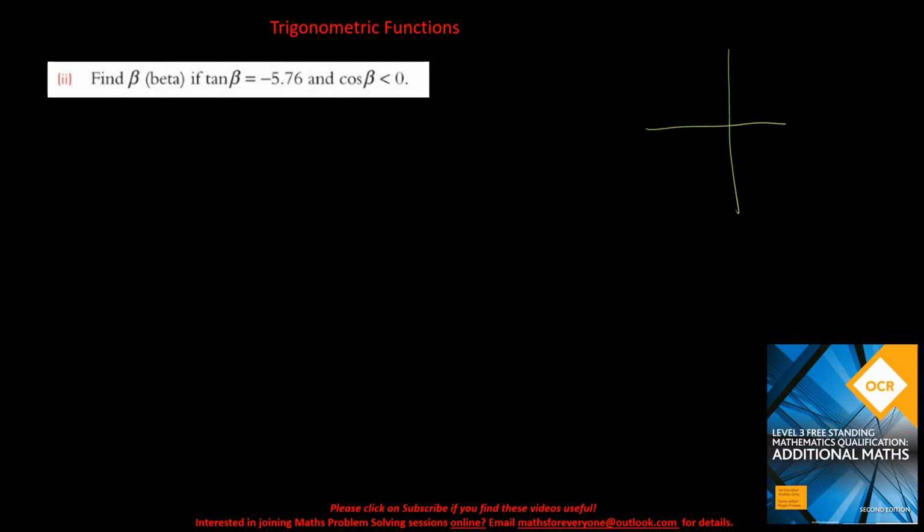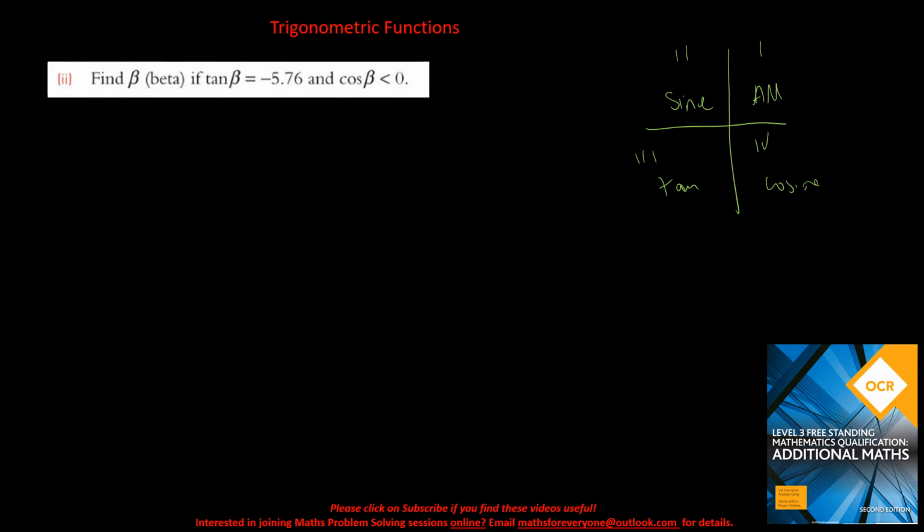So if you do this, this is the first quadrant, the second quadrant, third and fourth quadrant, and all, sine, tan, cosine, so cos. That's the way it is done. So they are positive in these quadrants.